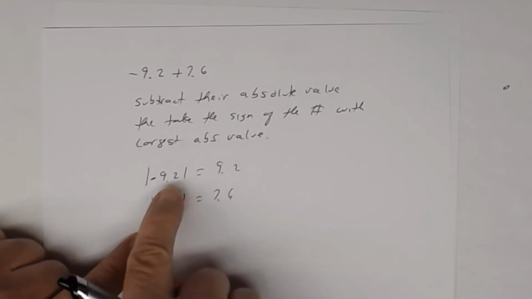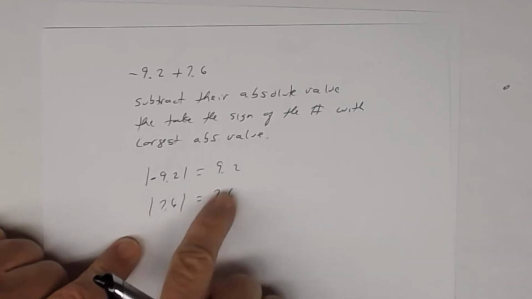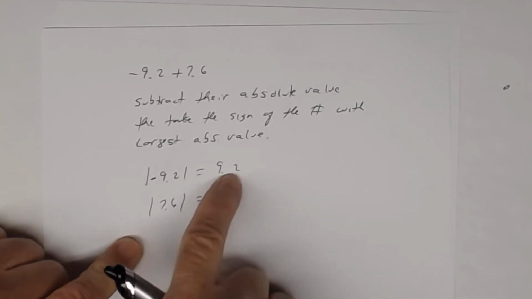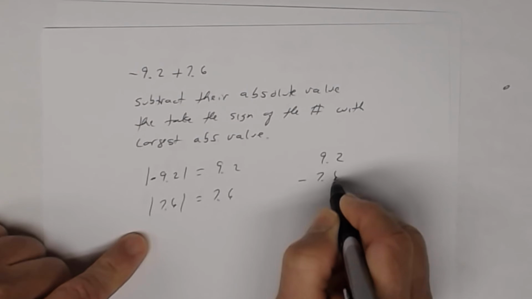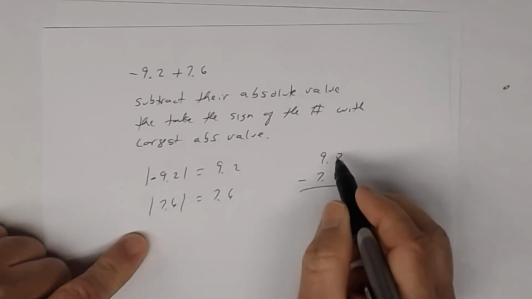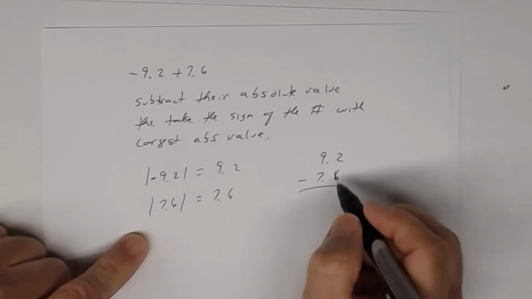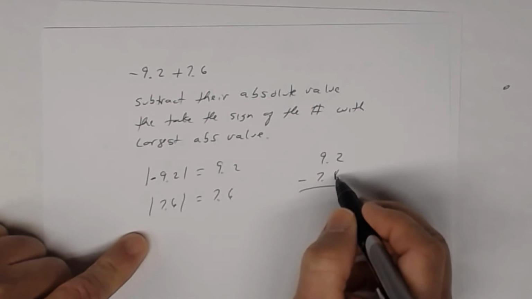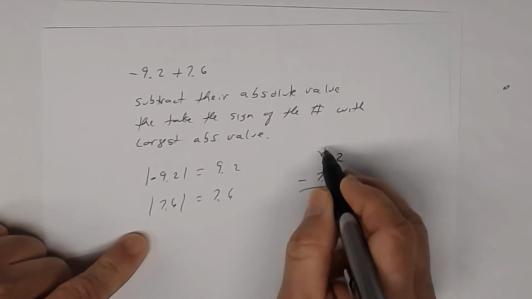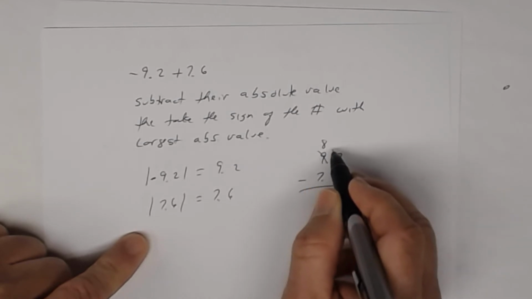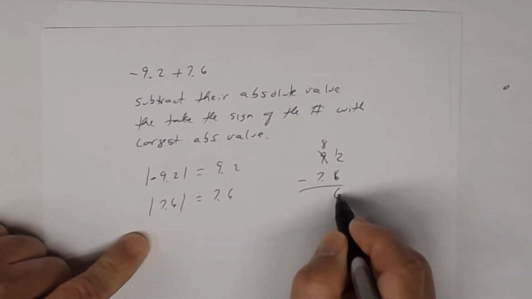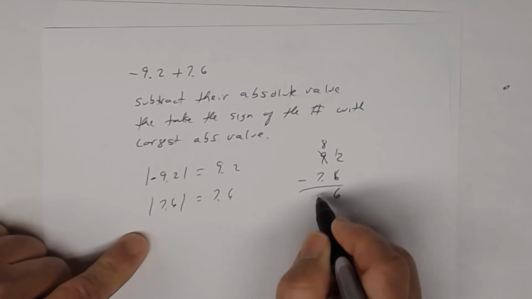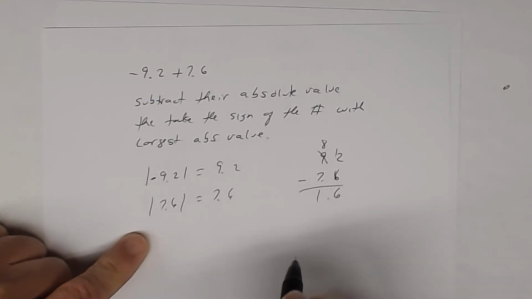Always put the large absolute value on top. So 9.2 minus 7.6. Remember, when subtracting decimals, you align your place value. I cannot subtract 6 from 2, so I have to borrow, and then this 2 becomes a 12. 6 from 12 is 6. 7 from 8 is 1. So I got 1.6.